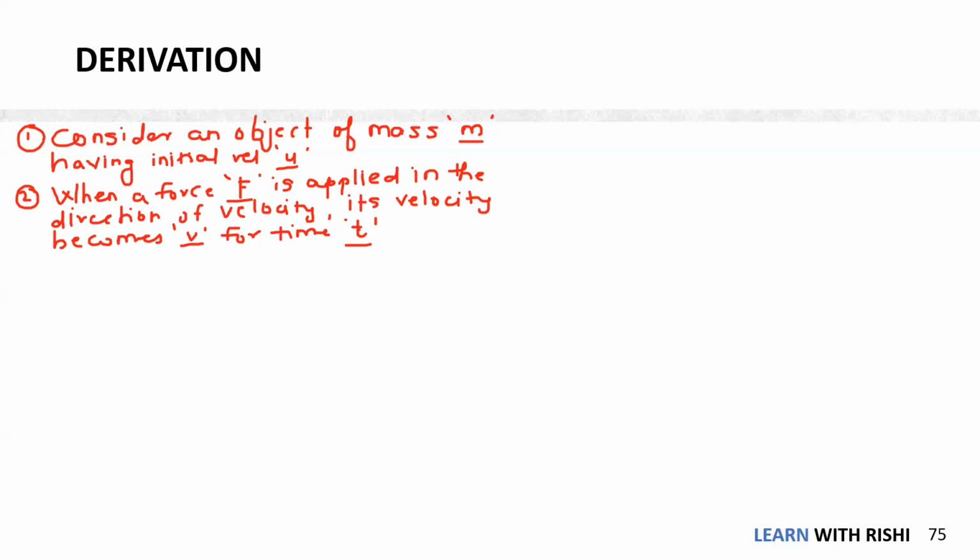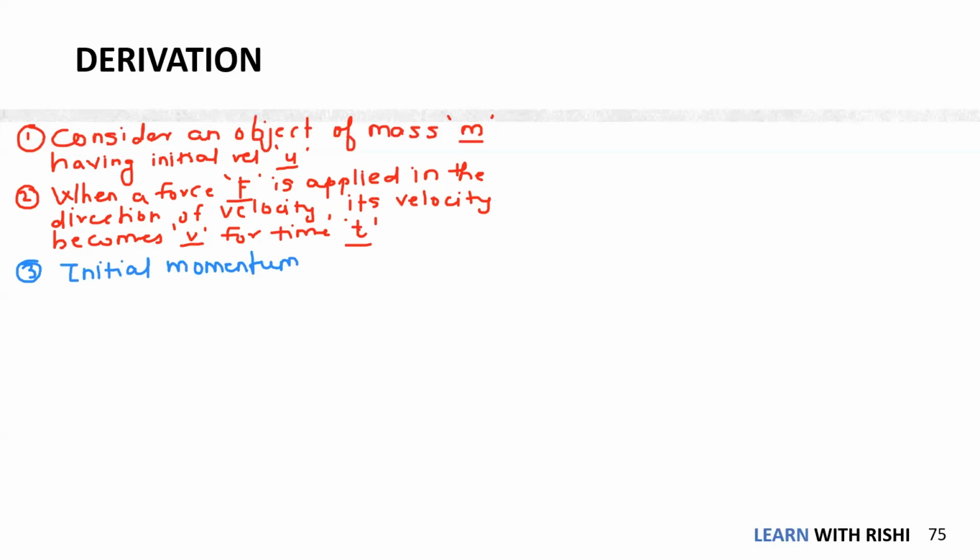Now we need to discuss the momentum. There is also a change in momentum. If there is change in momentum, we need to discuss the initial momentum and final momentum. So the third point will be initial momentum of the body. What will be the initial momentum of the body? What is momentum? It is the product of mass and velocity.